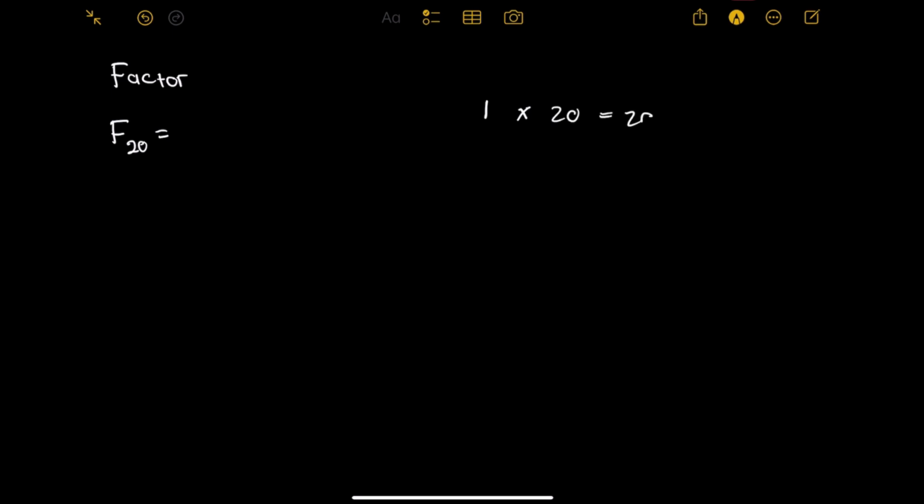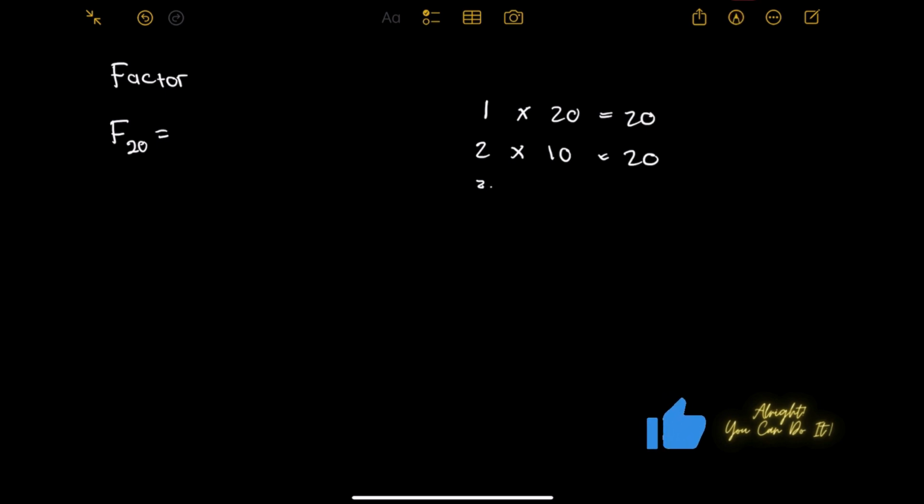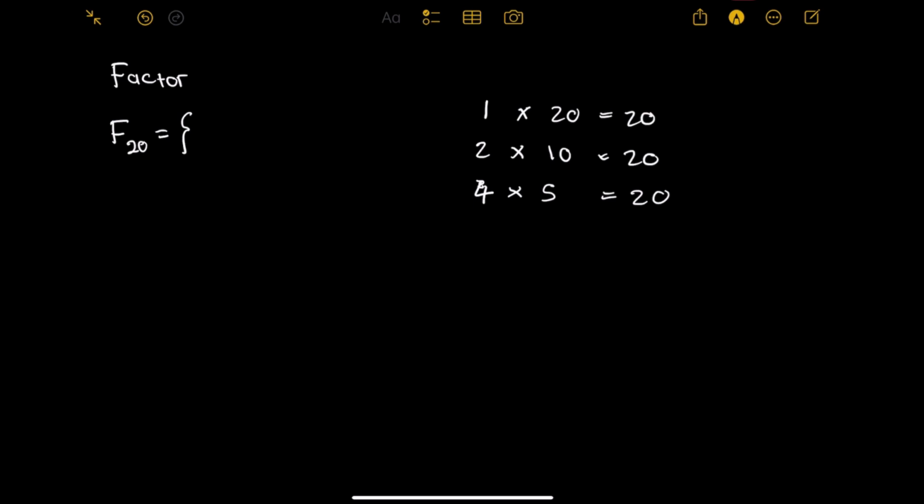I know 1 times 20 is 20. 2 times 10 is 20. Well, 3 cannot multiply by something to give me 20. Then I know 4 times 5 will give me 20. These are basically the factors of the number 20.